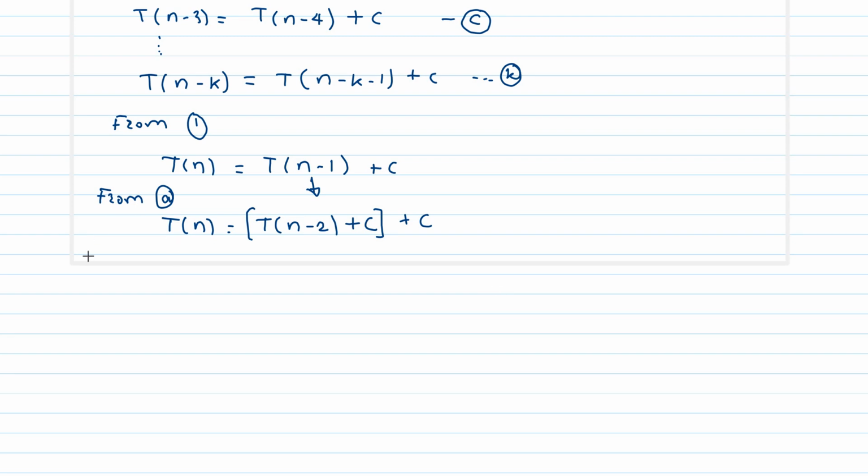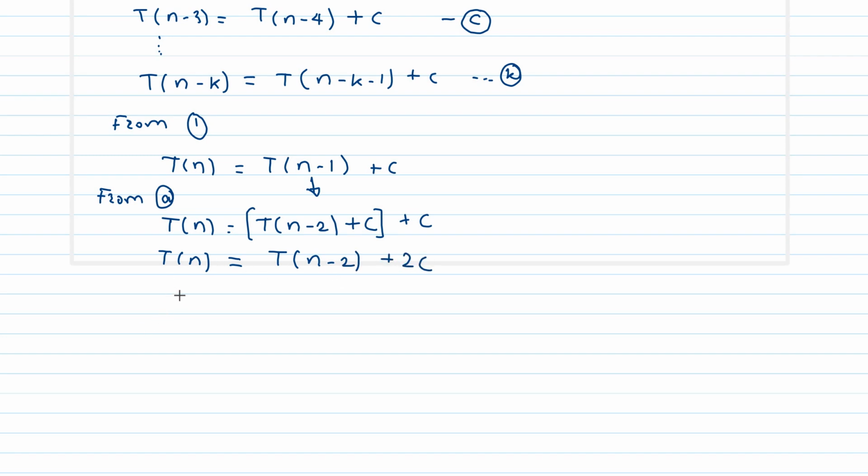Now if I go further, from B, because we have the formula for T(n-2) as well, this simplifies here to T(n) = T(n-2) + 2c.